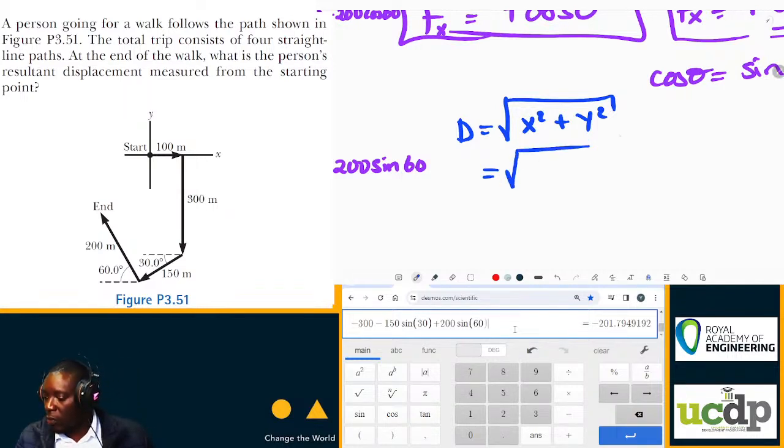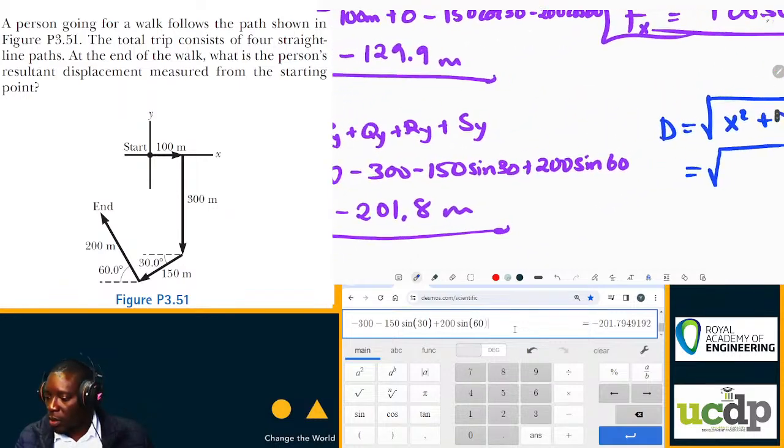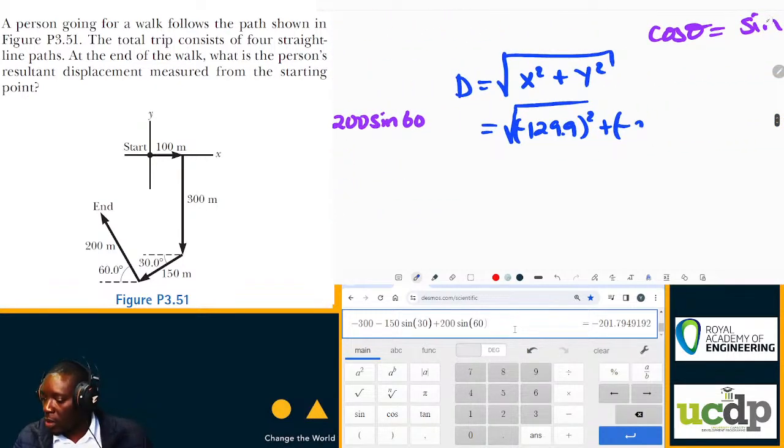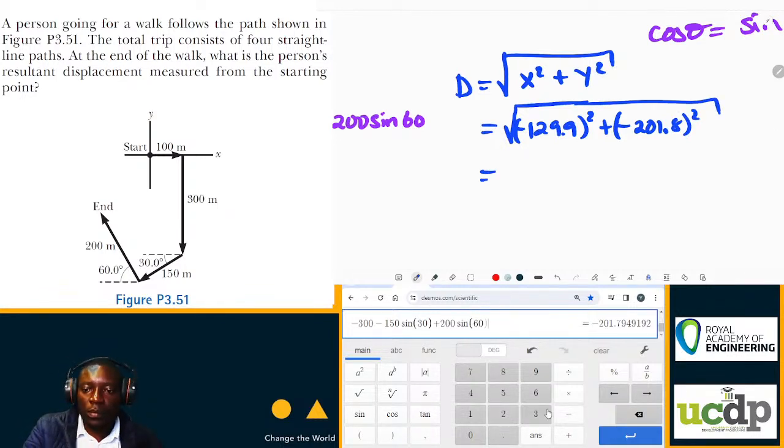So this is the root of minus 129.9 squared plus minus 201.8 squared. I don't need to put that negative anyway, because once I square it, it actually comes off.